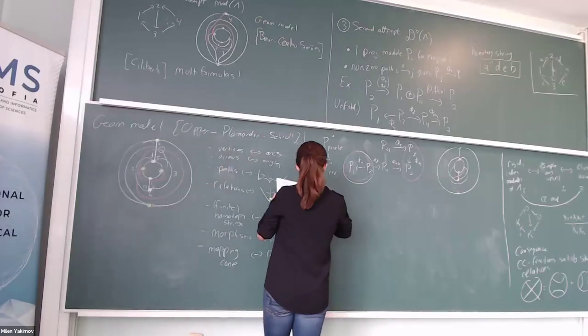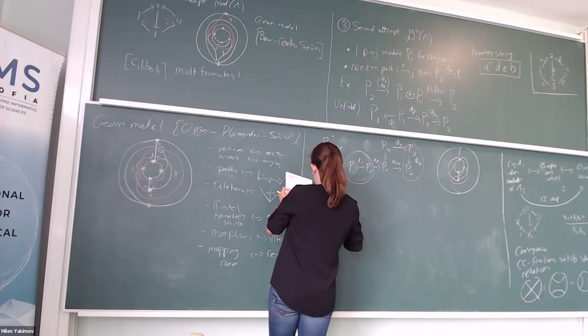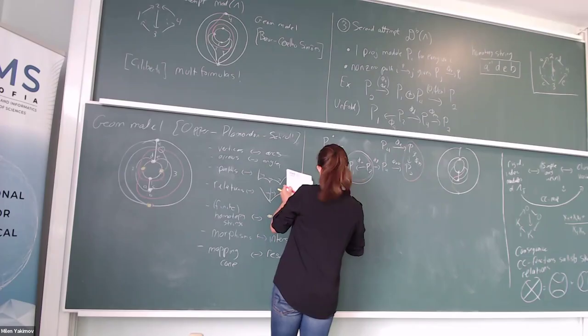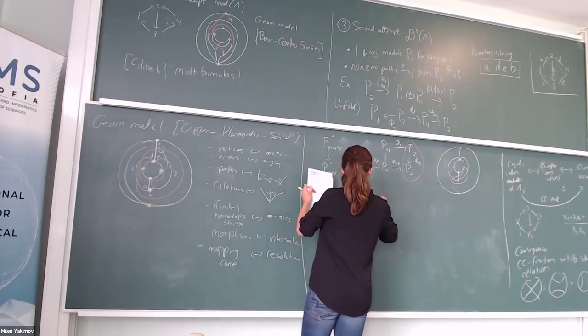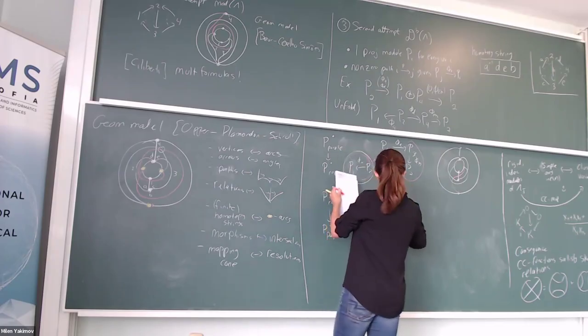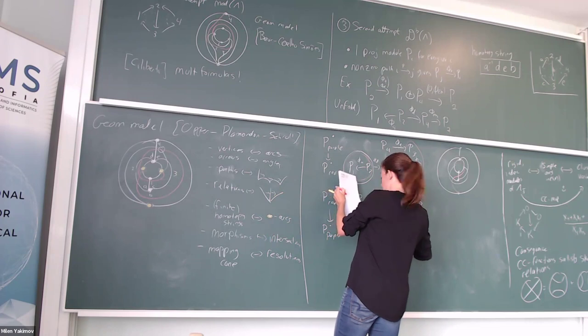And then there's another going the other way. P red goes to P purple. I'm flipping this so that the drawing is nice.